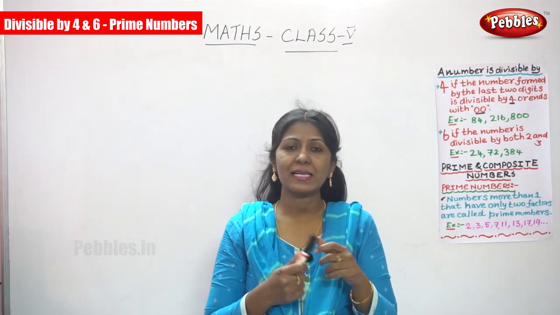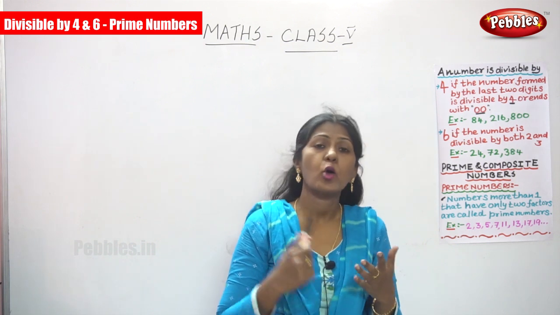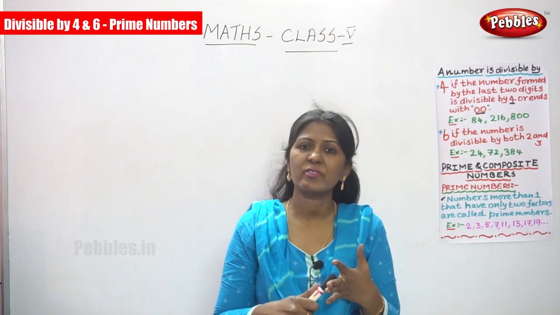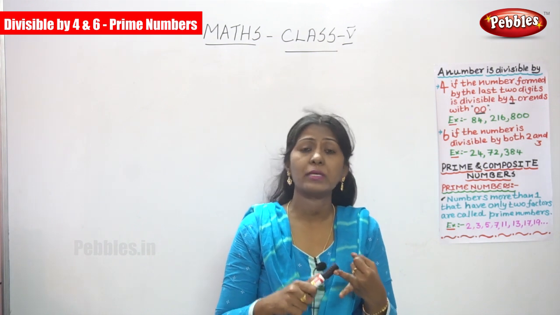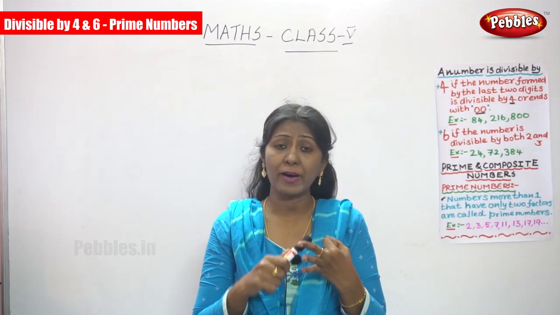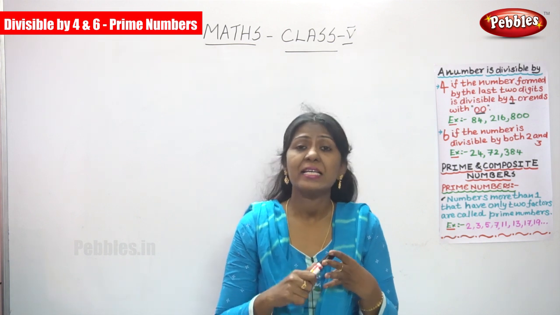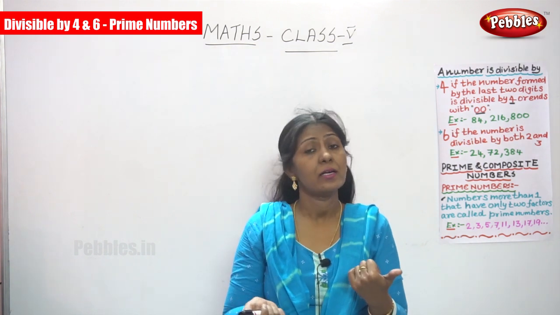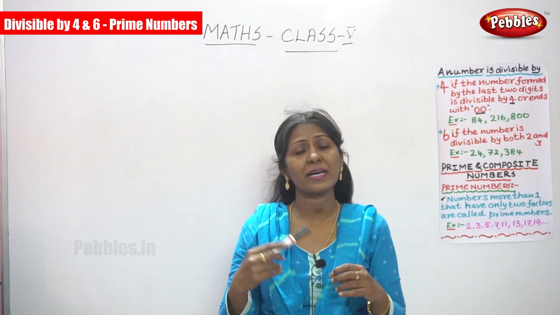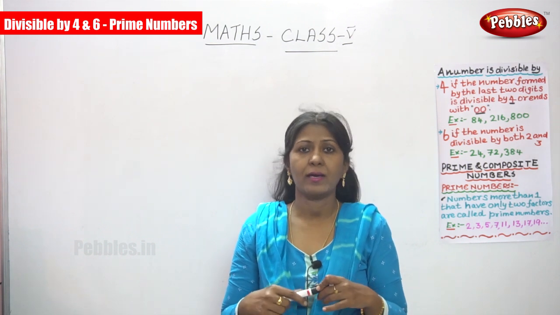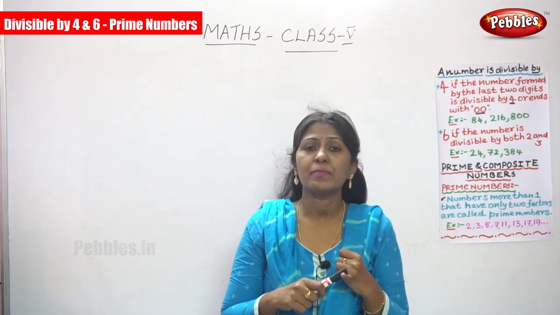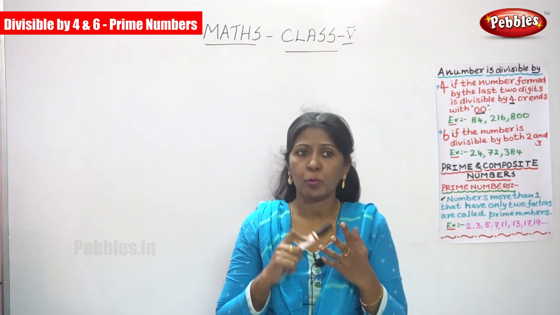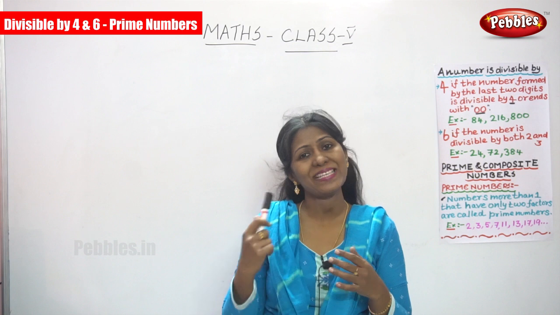So in the last class we have seen factors, common factors, and rules of divisibility: divisible by 2, divisible by 4, divisible by 5, divisible by 10, divisible by 3 and 9. In today's class we are going to continue the same topic. Next we are going to see divisible by 4 and divisible by 6.